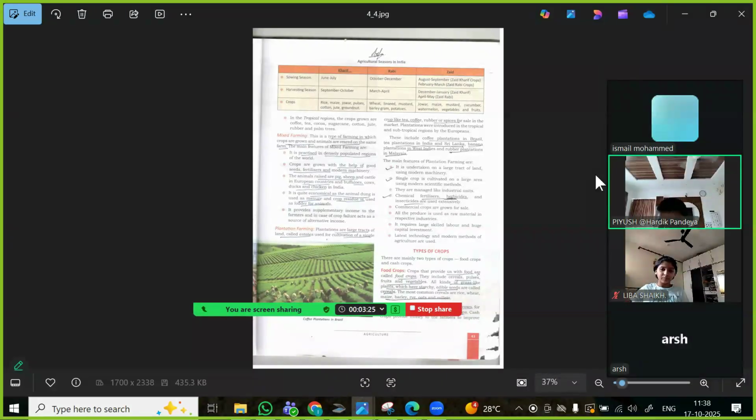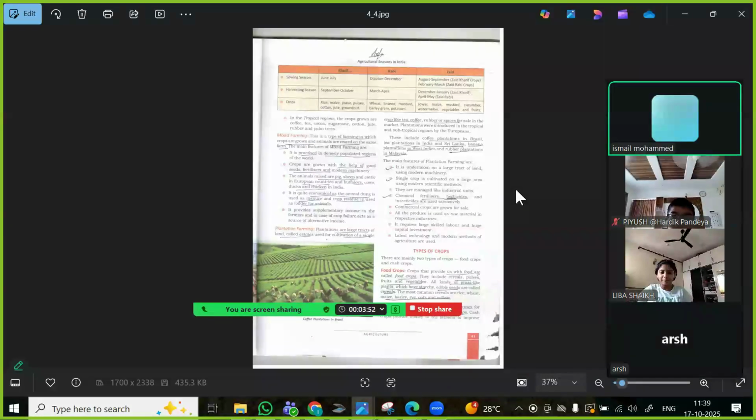Mixed farming and plantation farming. No, there are others. First, subsistence farming, then shifting farming, extensive farming, commercial farming, mixed farming, and plantation farming.